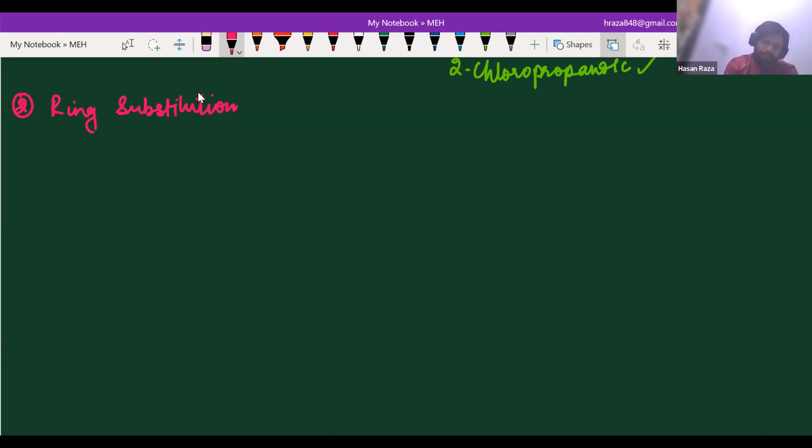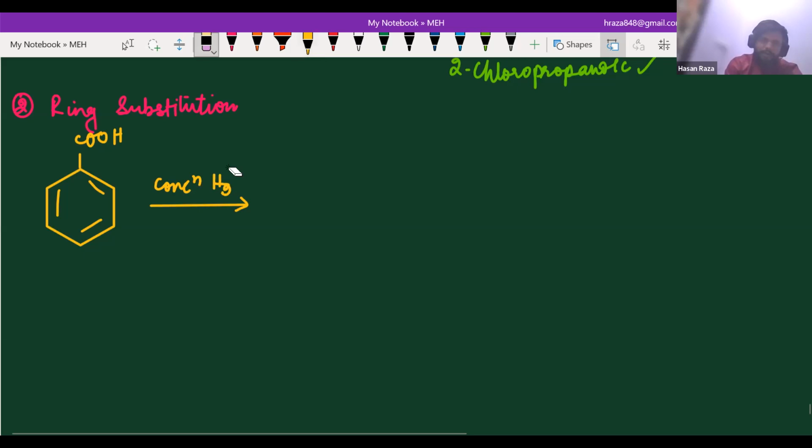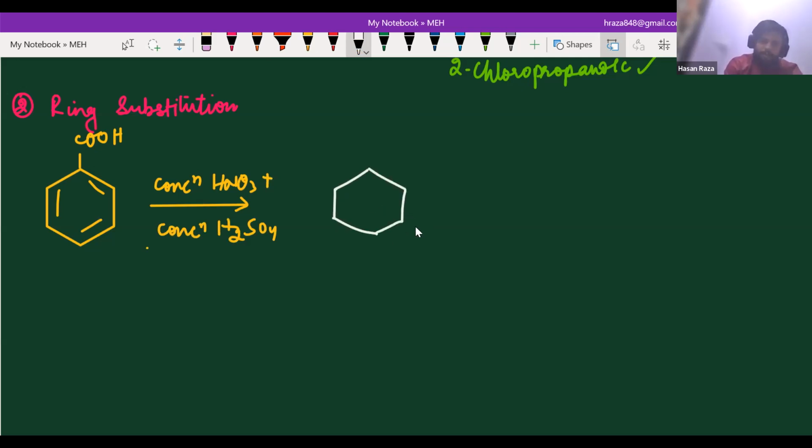If you are going to react this COOH carboxylic acid with concentrated H2SO4 and HNO3, then there will be production of an electrophile NO2 plus that will directly attack on the meta position, not ortho and para, because ortho and para are already having electron deficiency. That's why it will directly jump on the meta position.